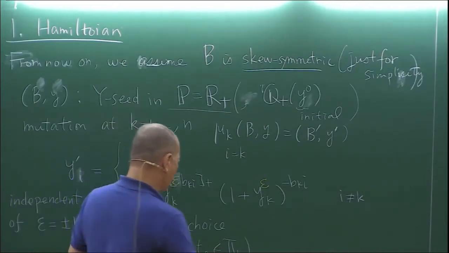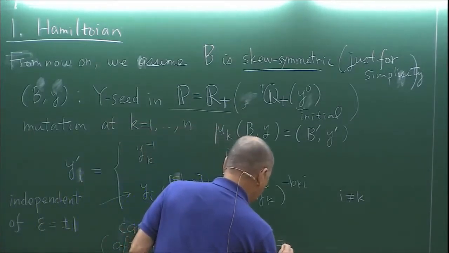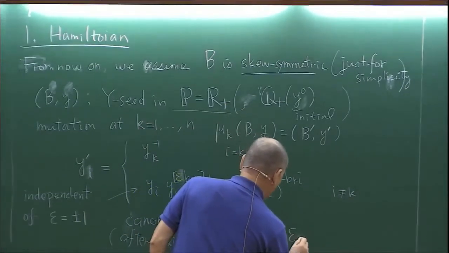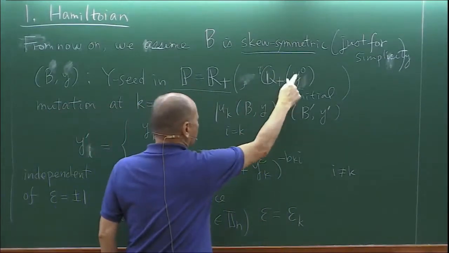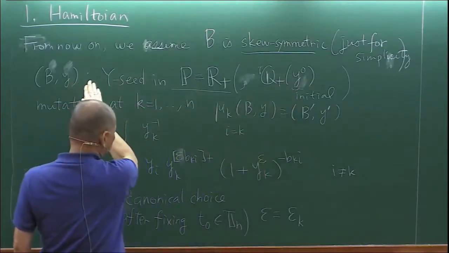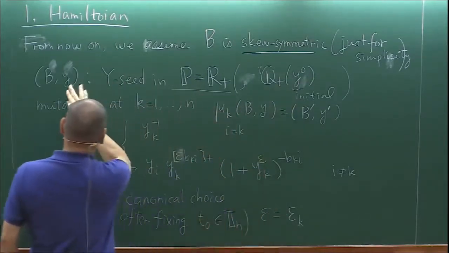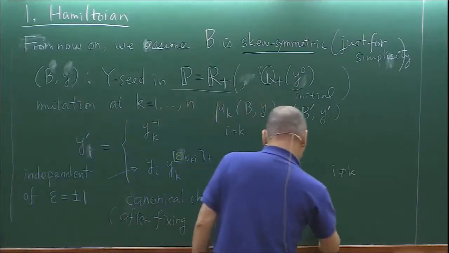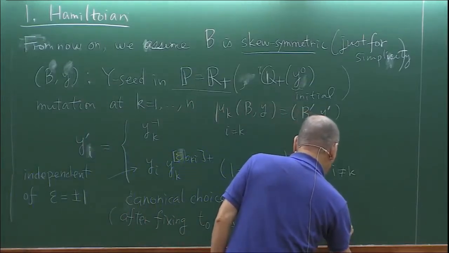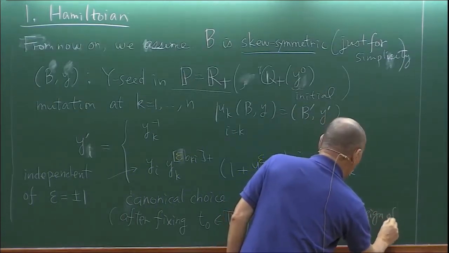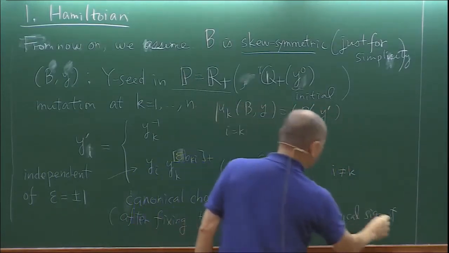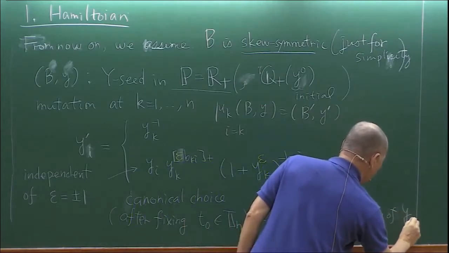Then, depending on which component k of your y variable, we choose this tropical sign, the tropical sign of your y variable y_k.